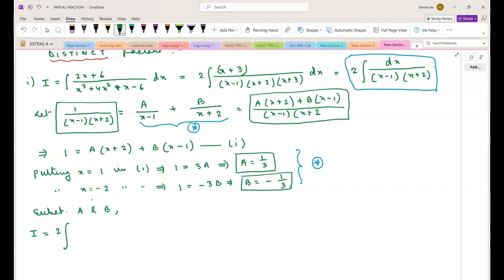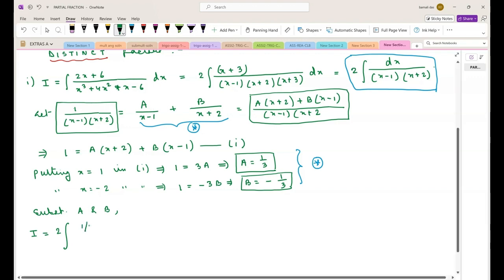That is a, which is 1 by 3 by x minus 1, plus b, which is minus 1 by 3 by x plus 2, and then dx.